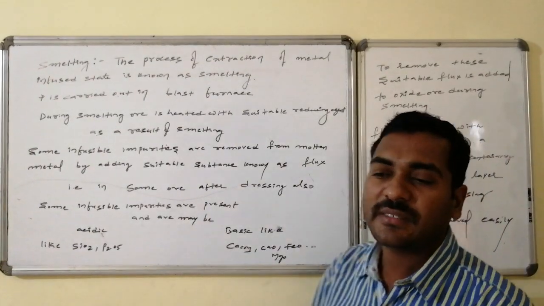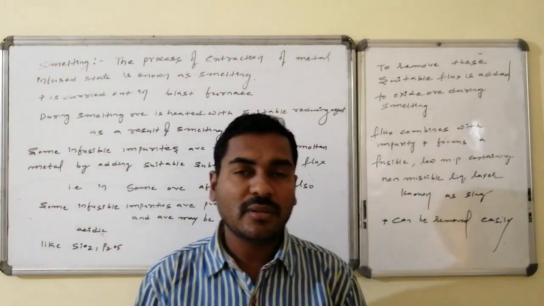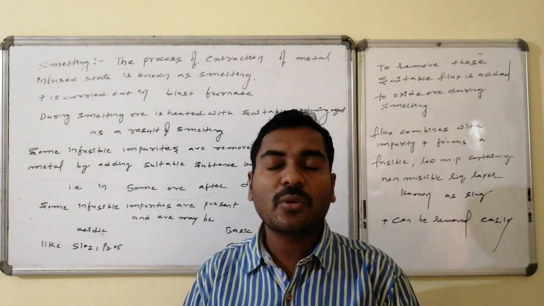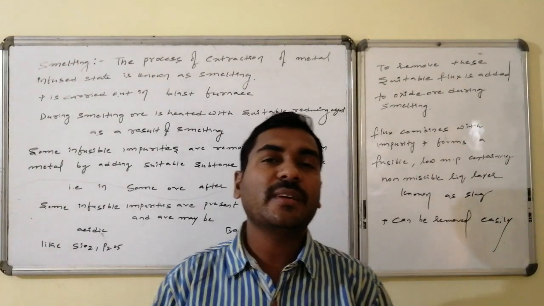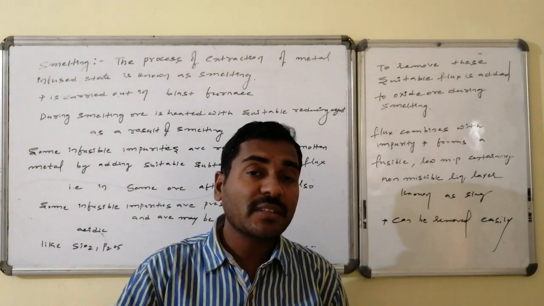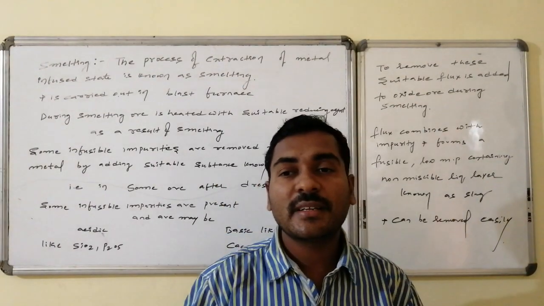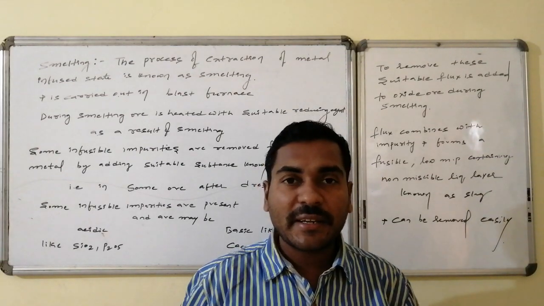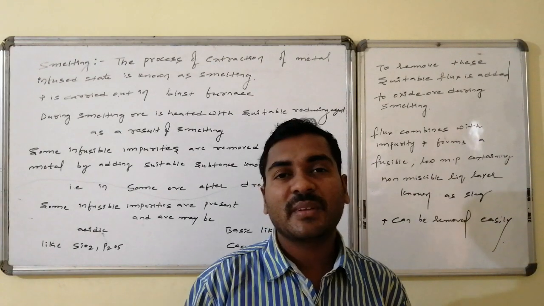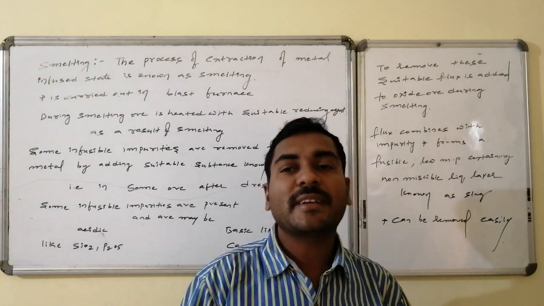Though we made the ore dressed and concentrated, it still has some other impurities. Certain impurities present in the ore have higher melting points compared to the metal, so they never get converted to the molten state.